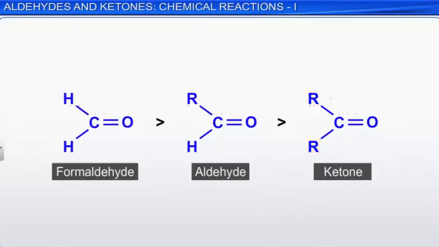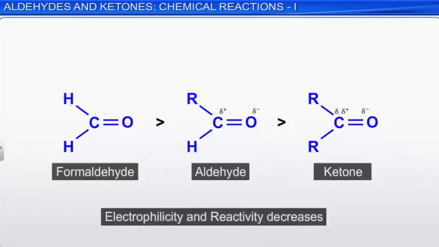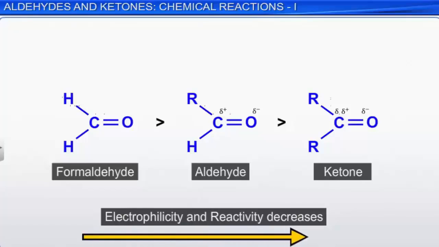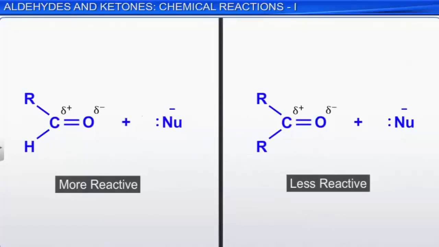Electronically, alkyl groups are electron-releasing groups that release electrons and stabilize the carbonyl carbon by reducing the magnitude of positive charge on it. Hence, the electrophilicity of the carbonyl carbon, and therefore the reactivity, decreases with an increase in the number of alkyl groups. Sterically, the presence of bulkier alkyl groups in ketones hinders the approach of the nucleophile towards the carbonyl carbon.